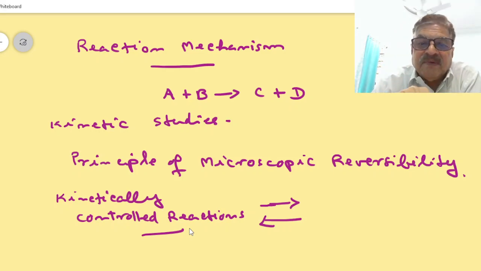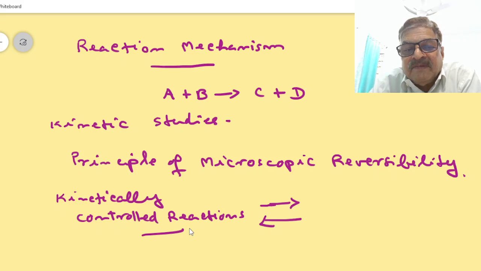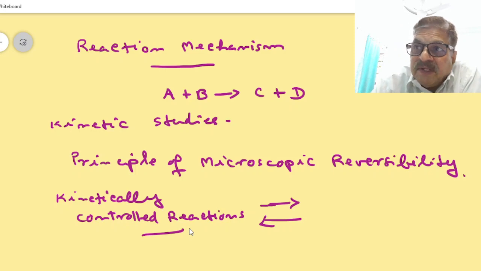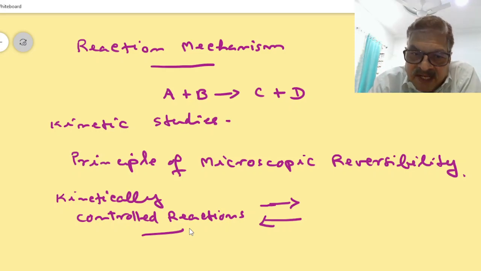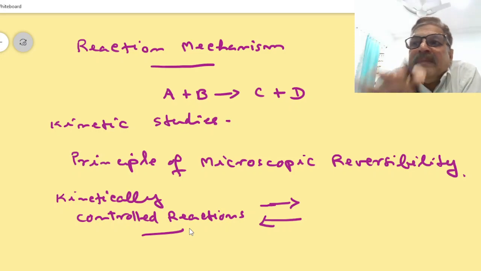The second case is where the possible products are interconvertible under the reaction conditions. Then the most stable product will predominate in the final products, provided enough time is given for the equilibrium to stabilize. It's an equilibrium reaction, so it is proceeding in the reverse direction also. Therefore, the most stable product will predominate.